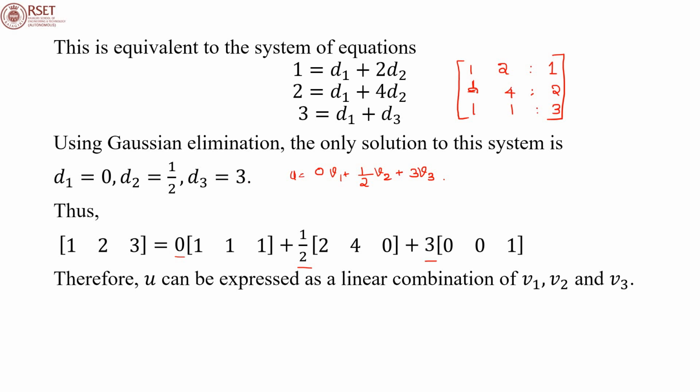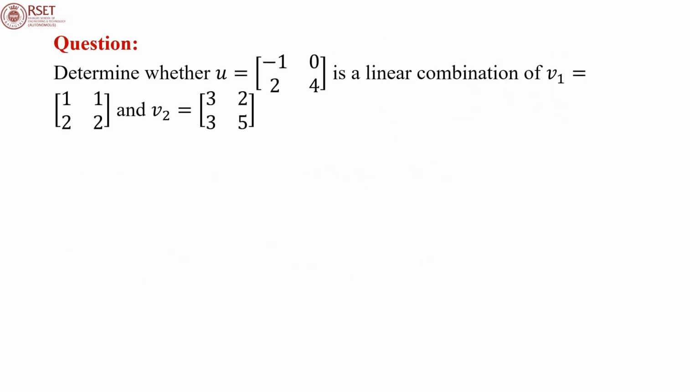That is, (1, 2, 3) is just a single combination of v1, v2 and v3. What if we consider the set of all linear combinations of v1, v2 and v3? Such a set is called the span of the vectors v1, v2 and v3. That is what we are going to see next. Before that, we have one more example here.